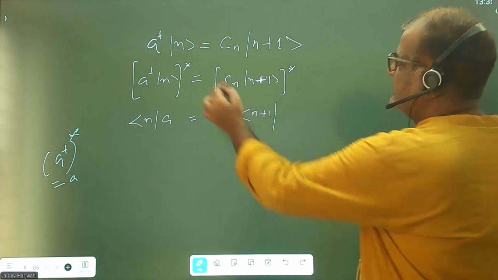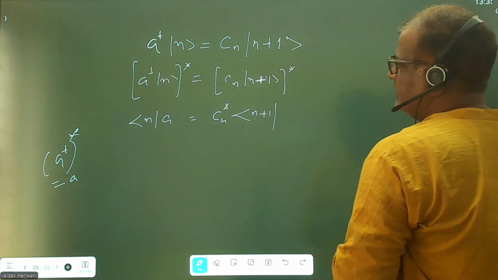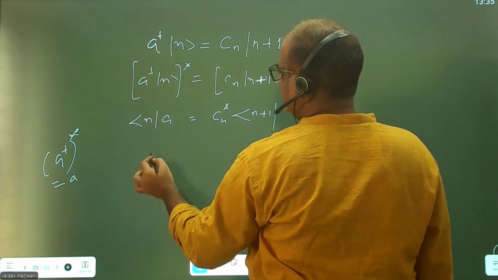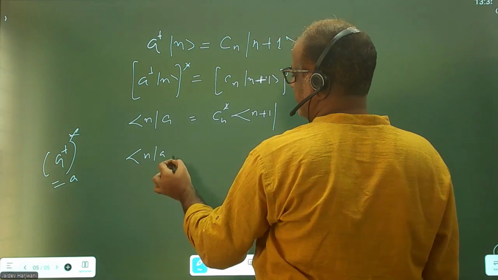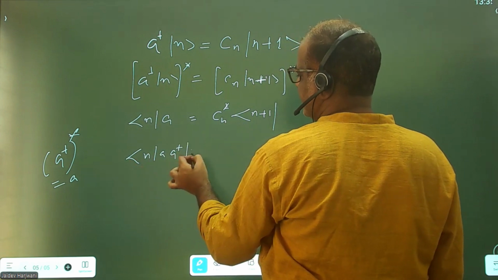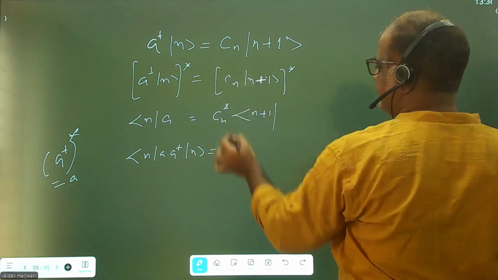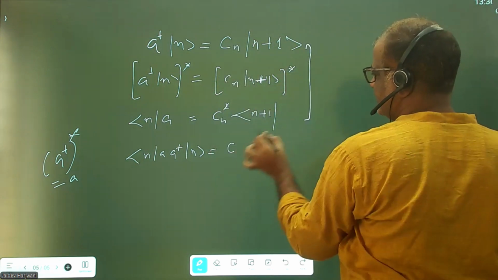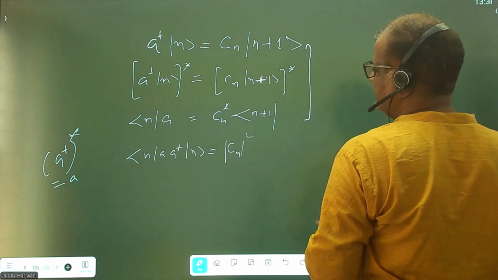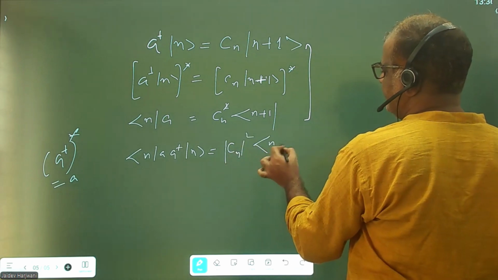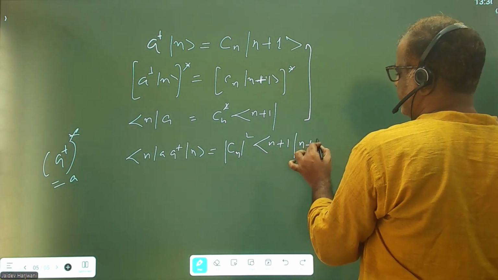So now if I take psi star psi, I multiply these two equations. So this becomes the mod of Cn squared, and this becomes the inner product of n plus 1 with n plus 1.